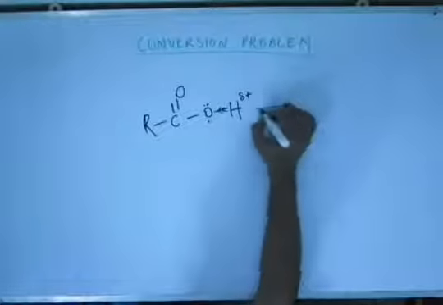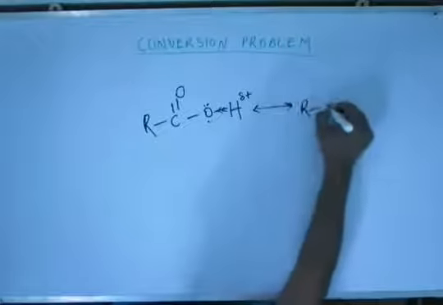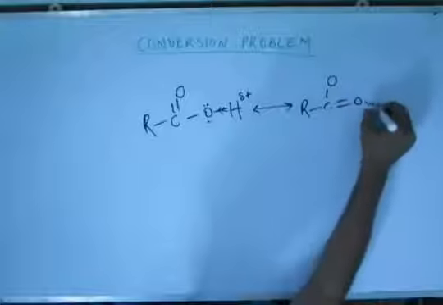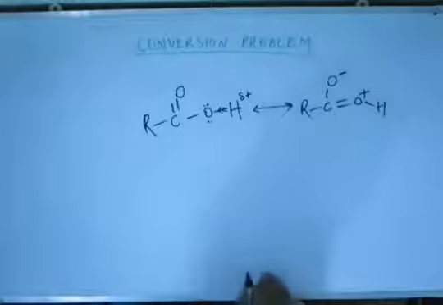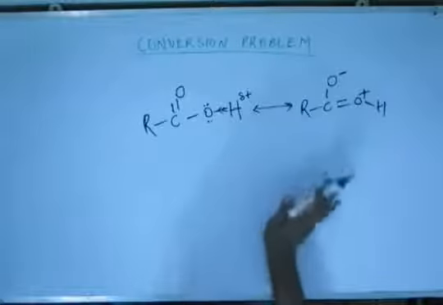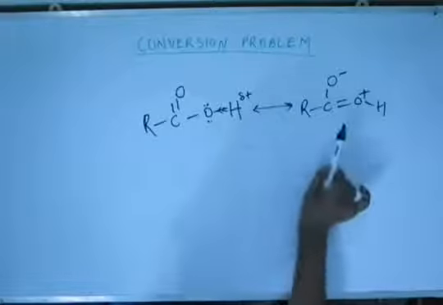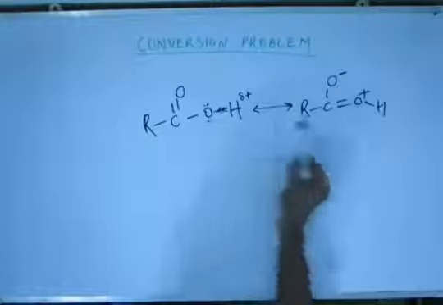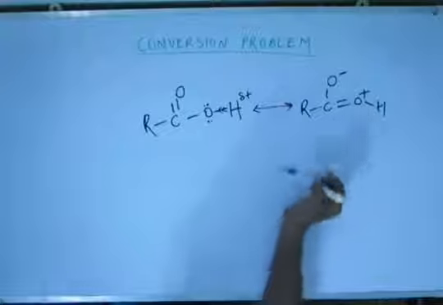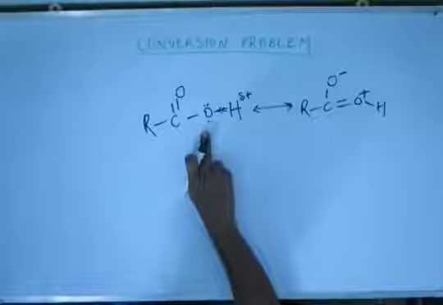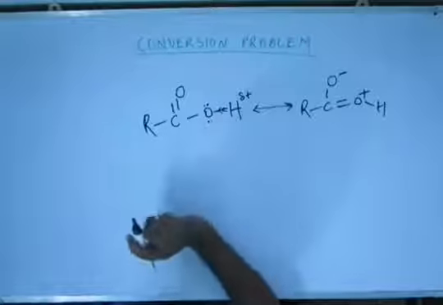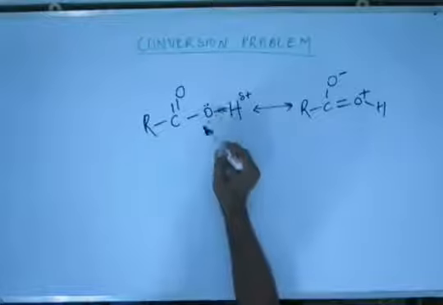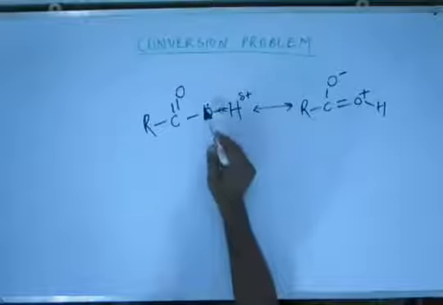When you draw the resonating structure of this carboxylic acid, you will have the structure like this. So in the hybrid, there will be characters of both the resonating structures. Here this oxygen is neutral, here the oxygen is having +1 charge. So in the hybrid, actually this oxygen will have some plus charge polarity because of resonance. So this oxygen is not the reactive site that we are looking for.